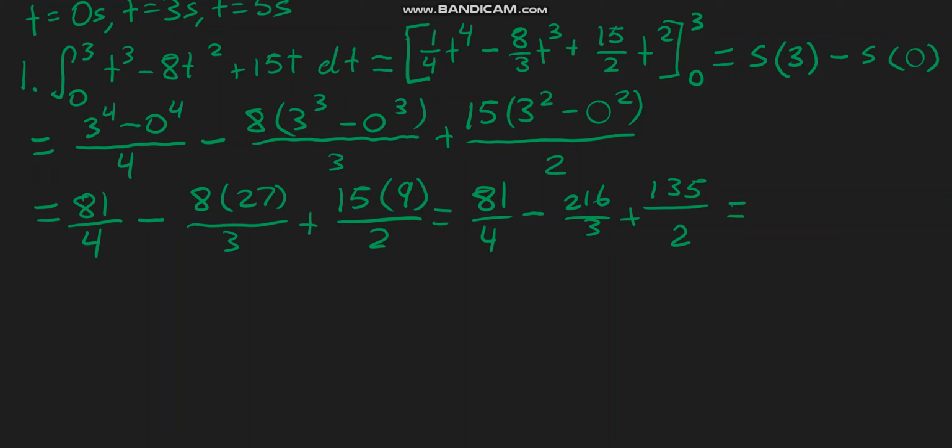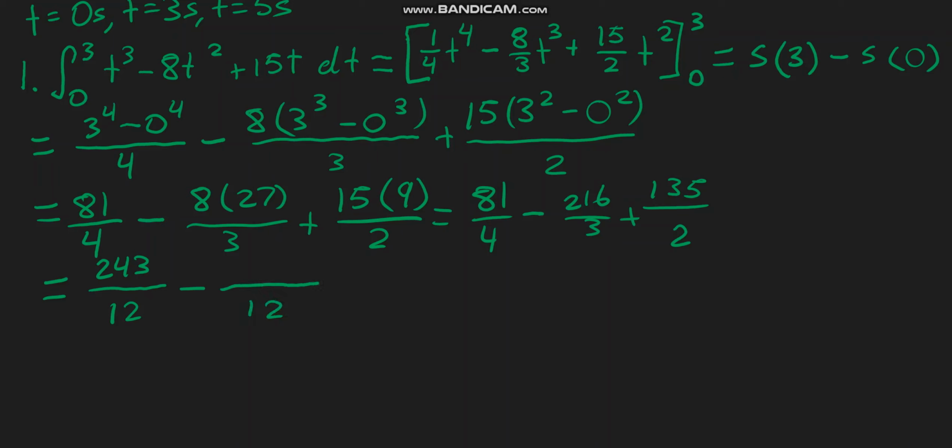Now, we have to make sure all these denominators are the same since we're trying to add and subtract, 6th grade math out here. So we're going to set the denominator equal to 12. To get to 12, we multiply 4 times 3, so 81 times 3 becomes 243. Subtract that.